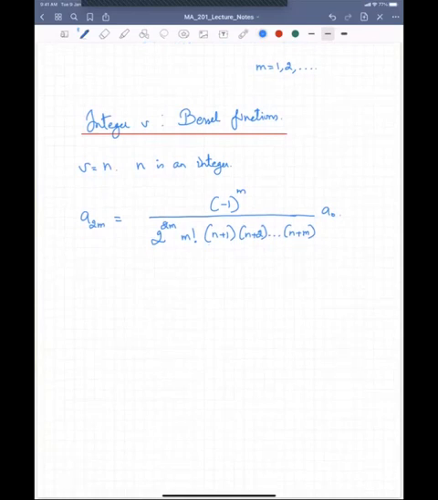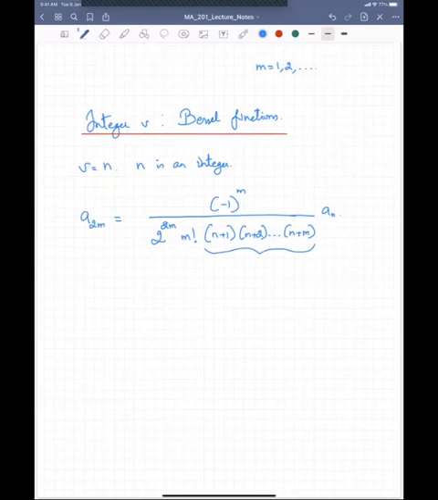So with a proper choice of A0, we can eliminate this and write it in a very neat fashion. If you just look at this, n plus 1, n plus 2, times n plus m. Suppose A0 had a 1 over n factorial, then the whole thing can be collapsed into a factorial of n plus m.